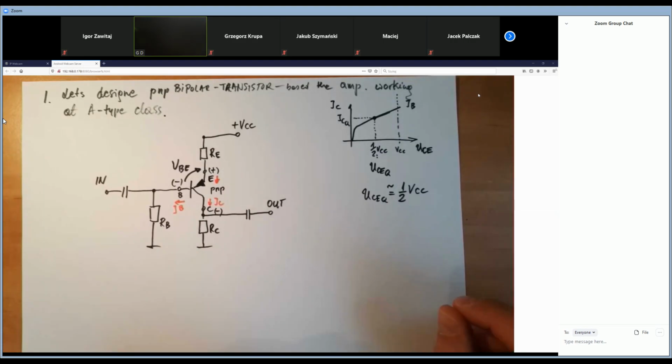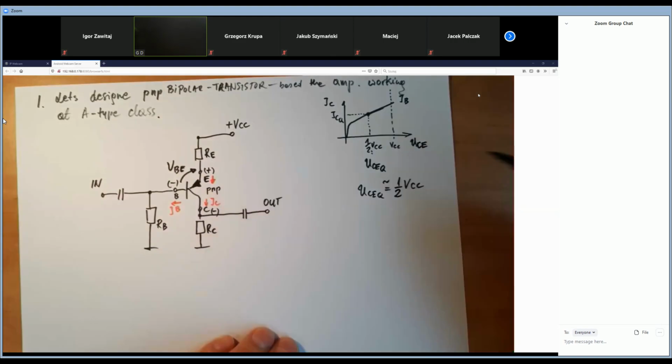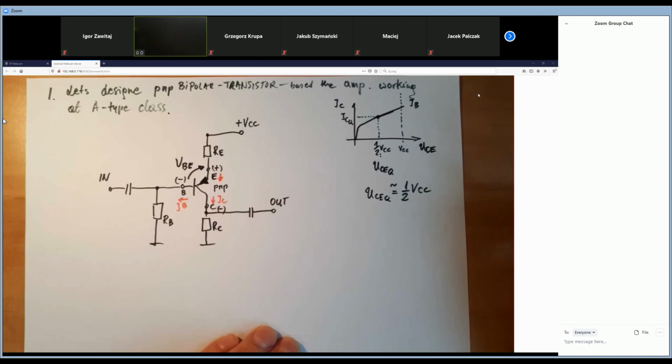All right, so we can make it in that form. We have to design it. So the question is, what VCC voltage do we have? It depends on us. Let's say we've got a voltage supply of, for example, 12 volts.